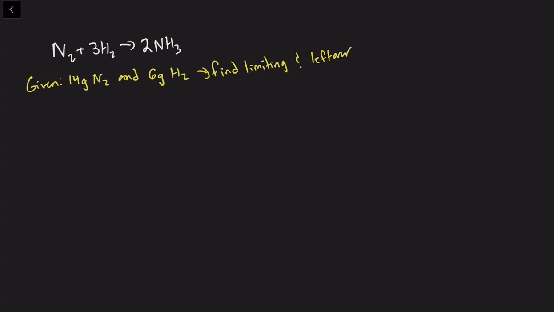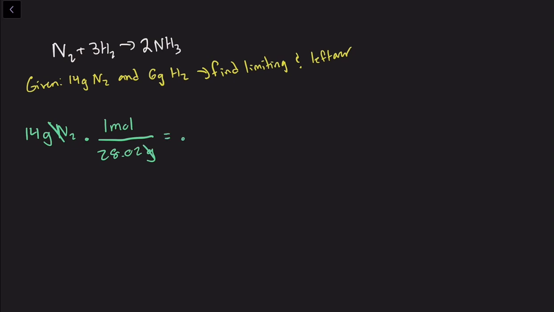So let's start with finding our limiting reactant, because that's what we looked at already. Again, we're going to do the same thing as before. We're going to convert our grams to moles. We have 14 grams of nitrogen, and we're going to do our molar mass conversion. So 1 mole is 28.02 grams. Grams cancel out again.